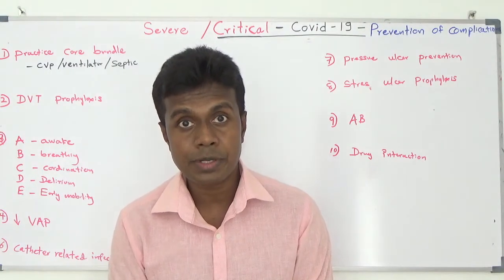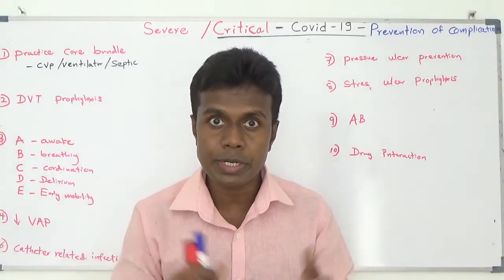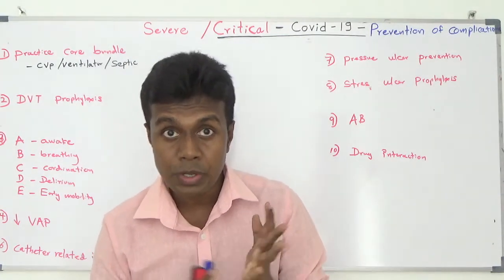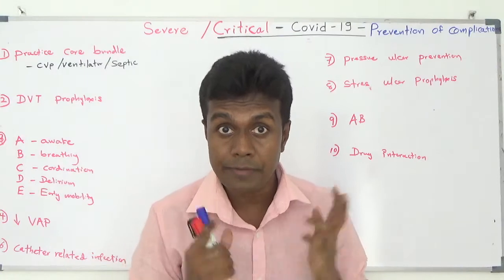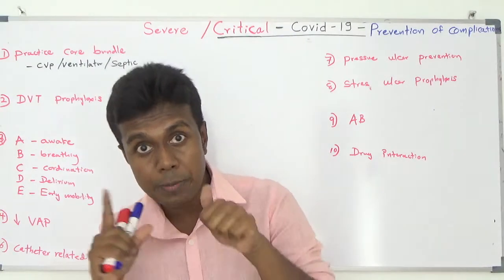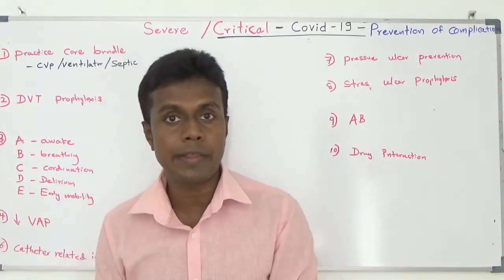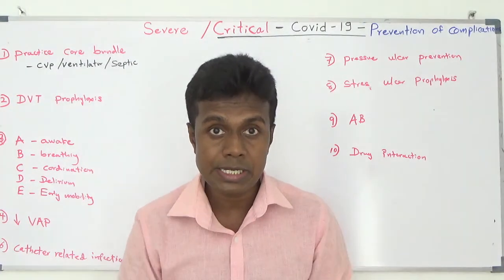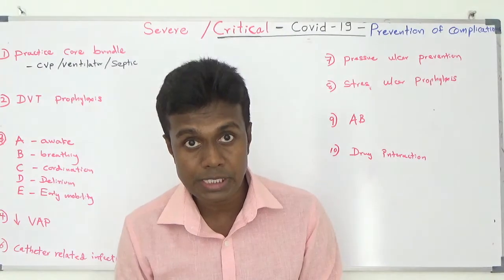Not only that, the outcomes should be auditable. So the definition of a care bundle is a group of evidence-based interventions which, when implemented together, give a better outcome than implementing them individually, and which can be easily auditable.